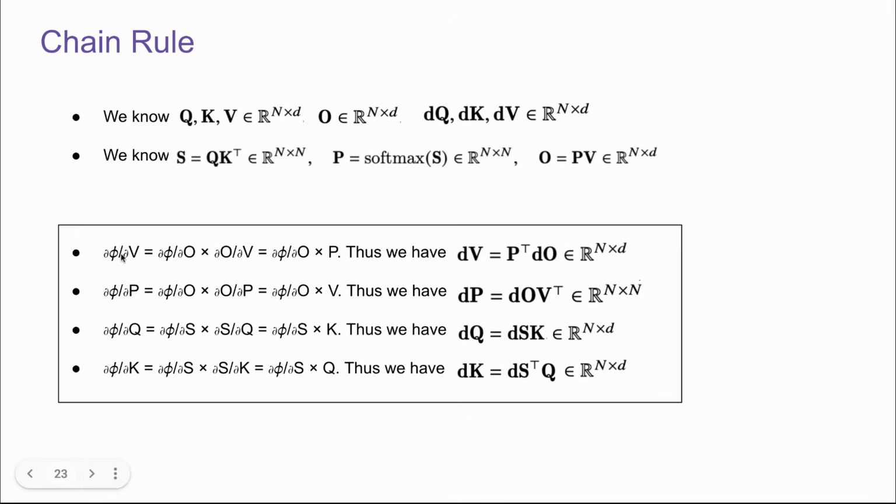So d phi over dv equals d phi over dO multiplied by dO over dv. Since O equals P multiplied by V, dO over dv is P. So we have dv equals P transpose dO. Similarly, we calculate dP equals dO V transpose, dq equals dS k, and dk equals dS transpose q.